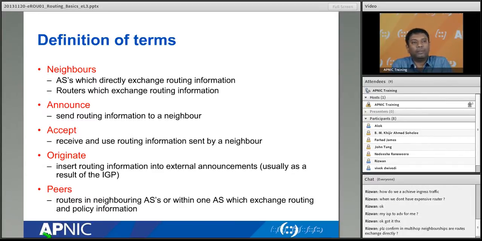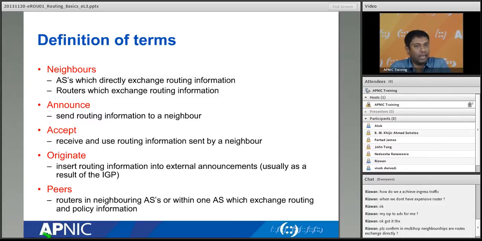Announcement. What is announcement? Announcement means when any prefix an AS is forwarding to the other AS, that's what we call announcement, right? Or a single router is sending it to the other router, we call it announcement, right?